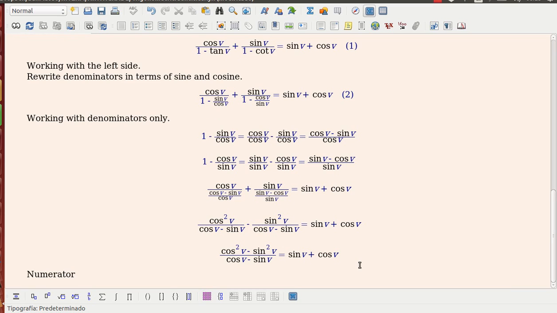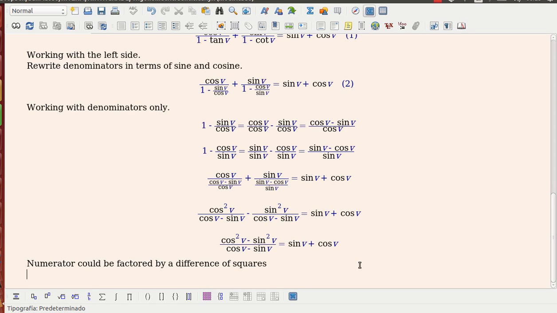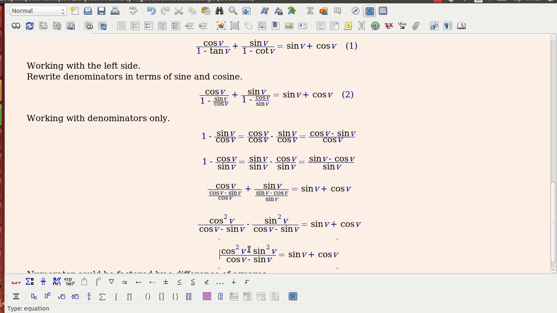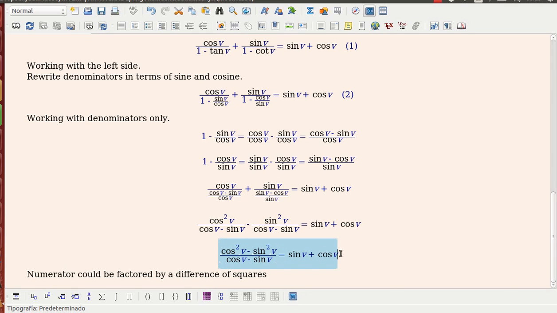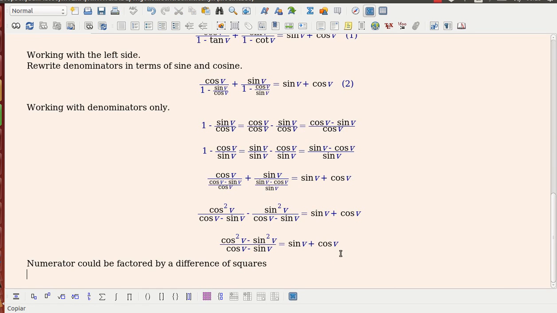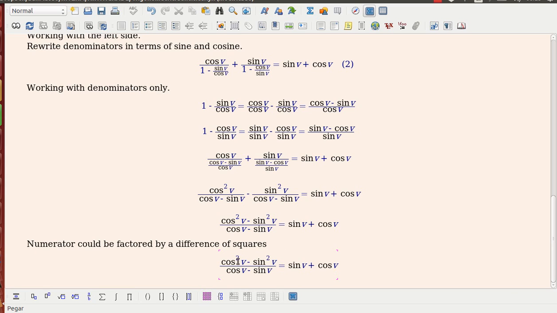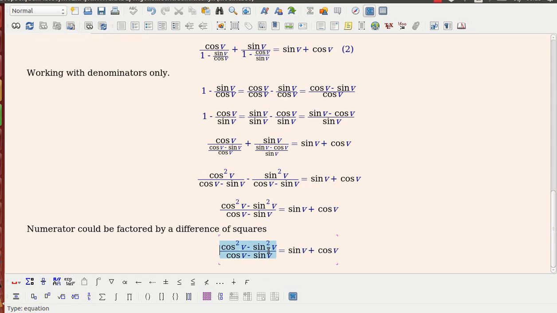The numerator could be factored by a difference of squares. The difference of squares says a squared minus b squared is a minus b times a plus b.